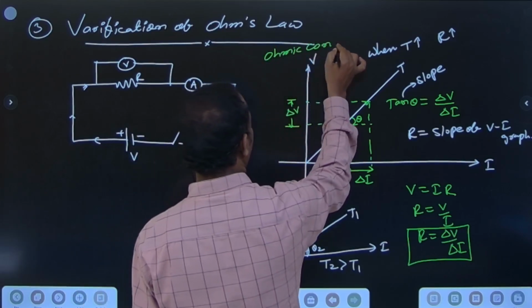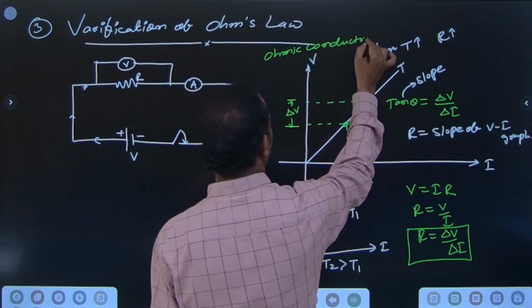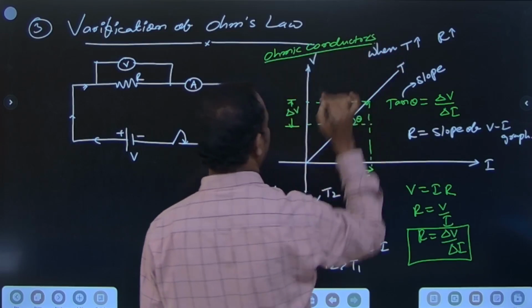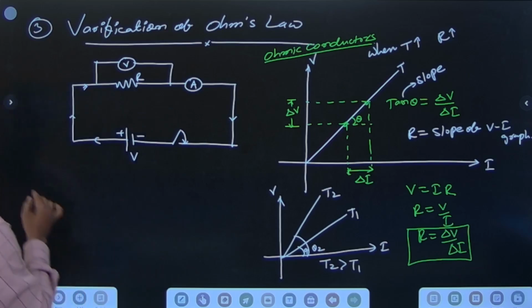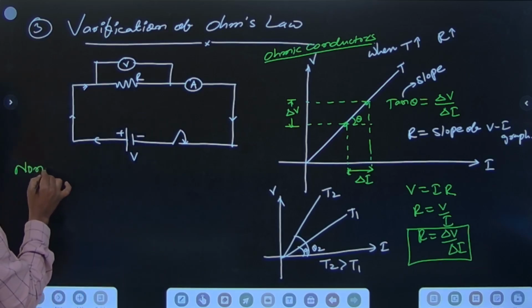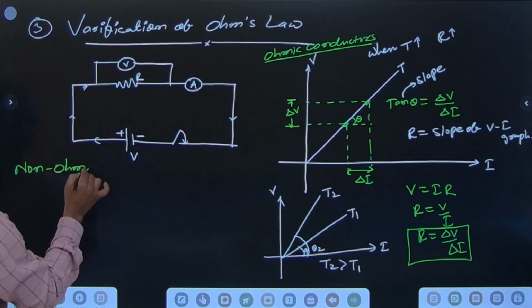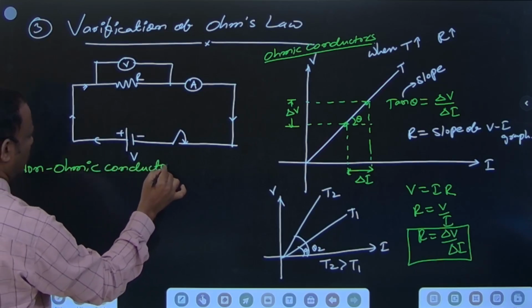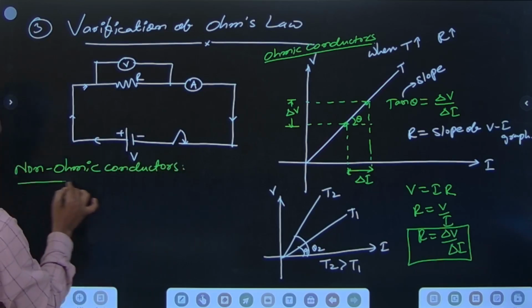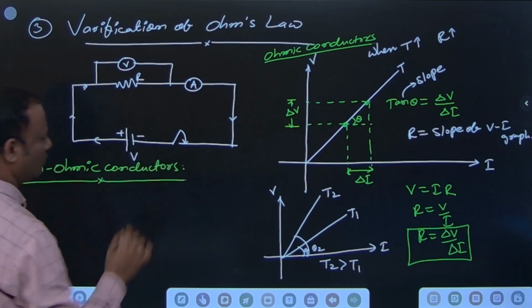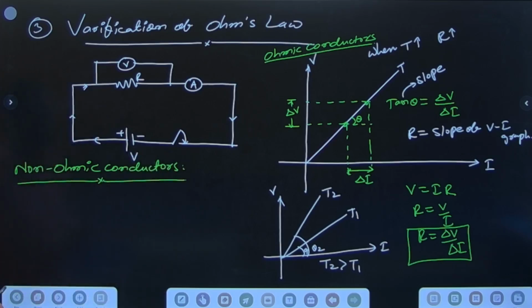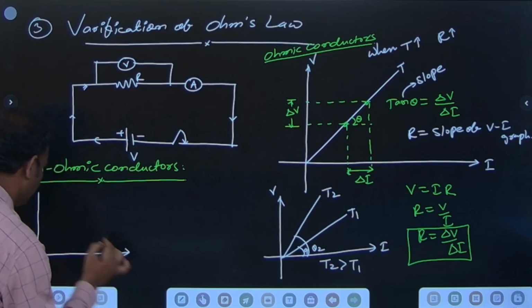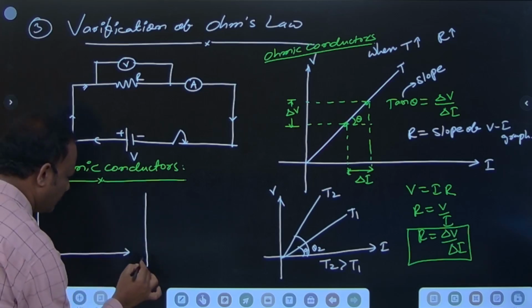Next one is for non-ohmic conductors, which do not obey Ohm's law. For non-ohmic conductors, we can get two types of graphs.